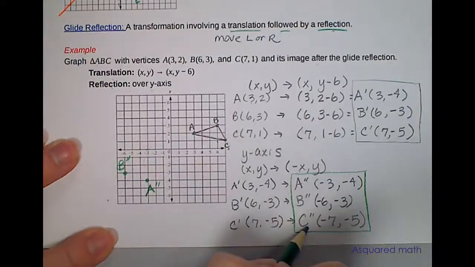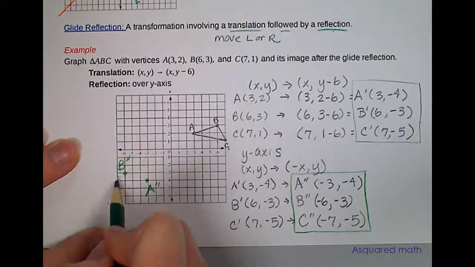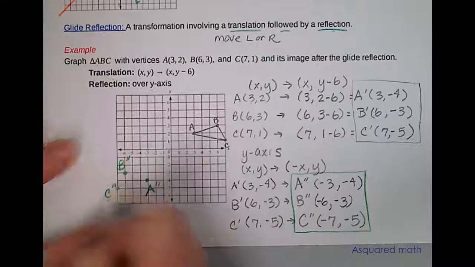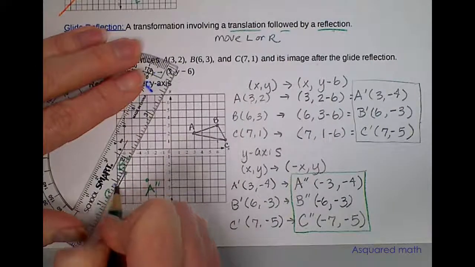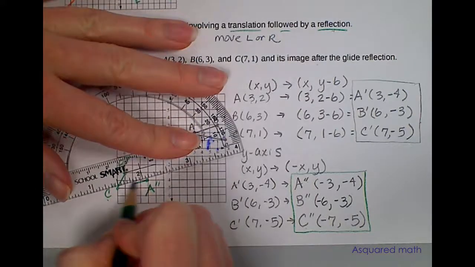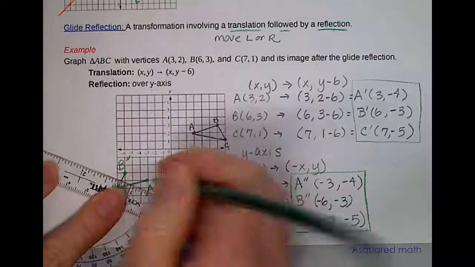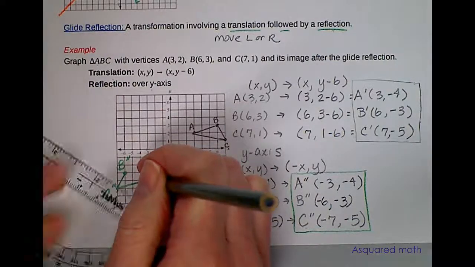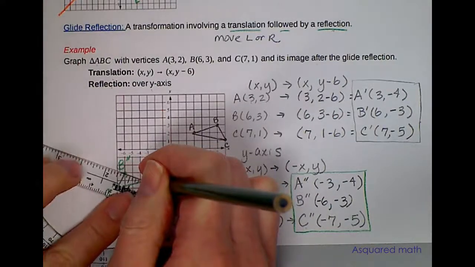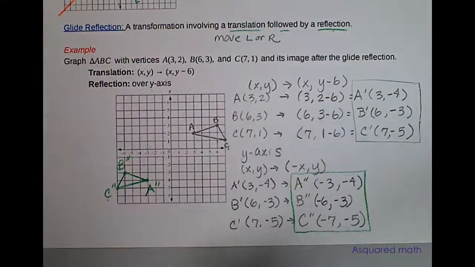C double prime is 7 to the left, 5 down. Connect our points. And that is our glide reflection of triangle ABC.